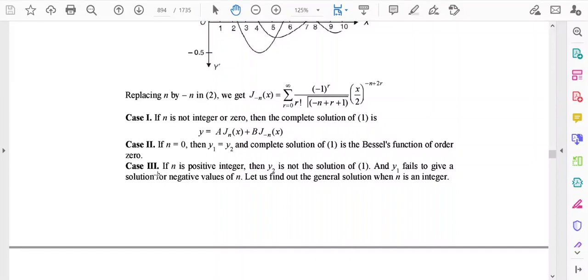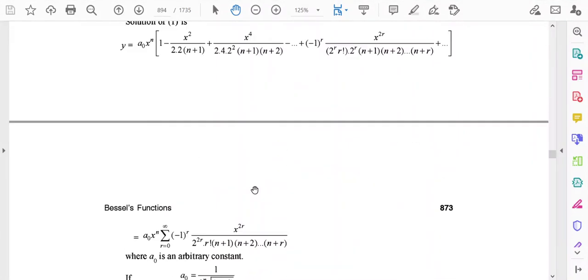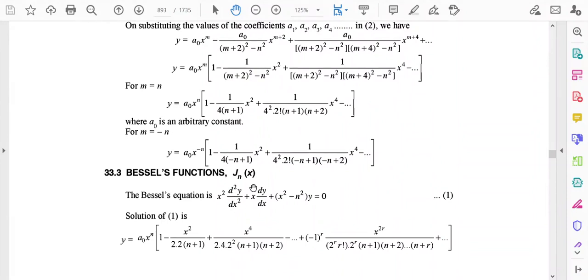And another case may arise, that is, if n is a positive integer, then what will happen? Then y2 is not the solution of the equation. So why are we saying this? If n is a positive integer, then y2 is not the solution. So you see the structure of y2 from these equations.